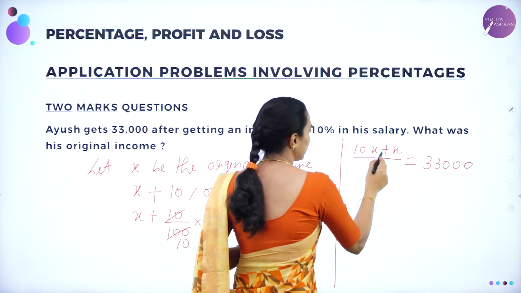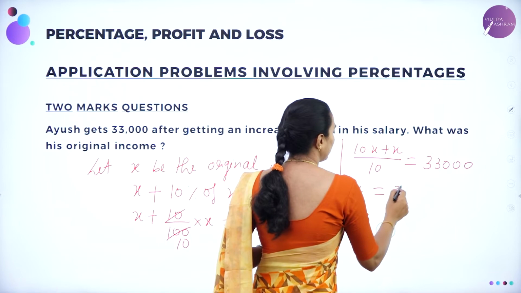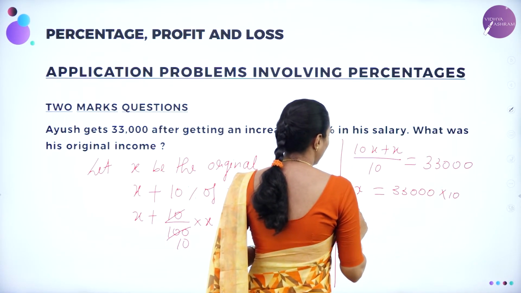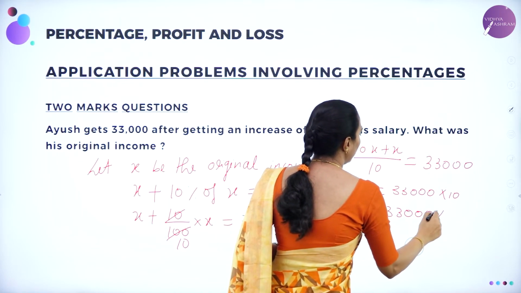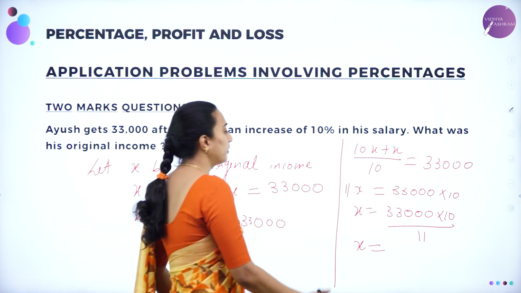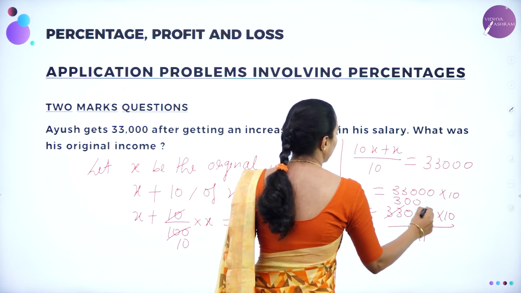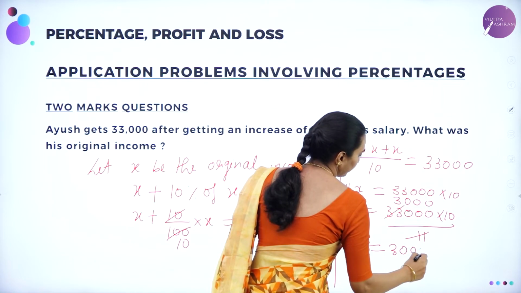So 10x plus x is 11x, which will be equal to 33,000 into 10. So x will be equal to 33,000 into 10 divided by 11. 11 ones are 11, 3s are 33, correct? Therefore, 3,000 into 10 is nothing but 30,000.